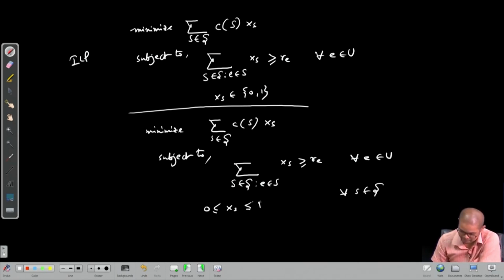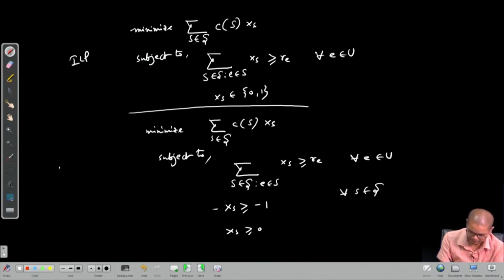To write it in standard form, we write the constraint as minus x_S is greater than or equal to minus 1, since the standard form needs constraints in greater-than-or-equal form, and x_S is greater than or equal to 0. So this is the primal LP.